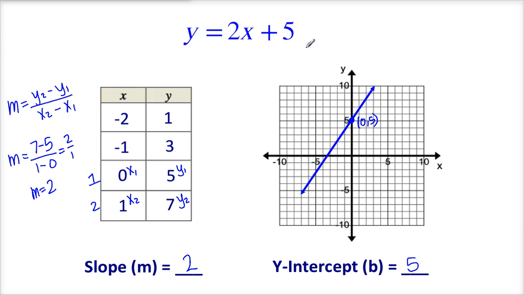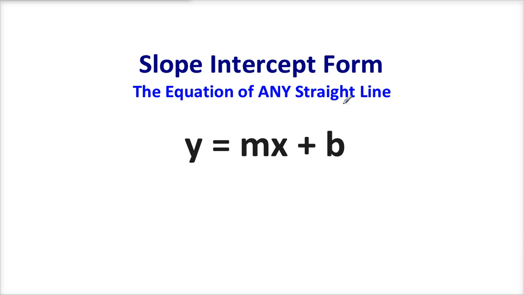Where do those numbers show up in the equation? Notice that right here is my slope, and right here is my y-intercept. Now this isn't just a happy accident for my equation to look like this. This is actually the form of the equation for every and any straight line.